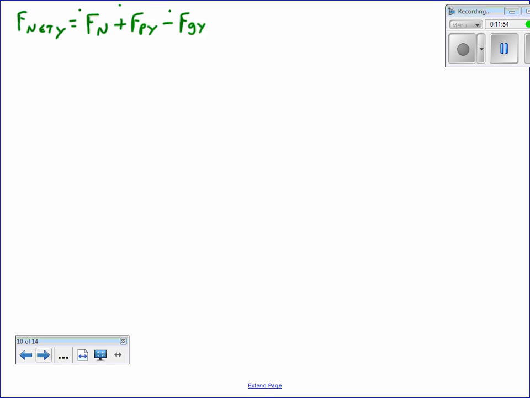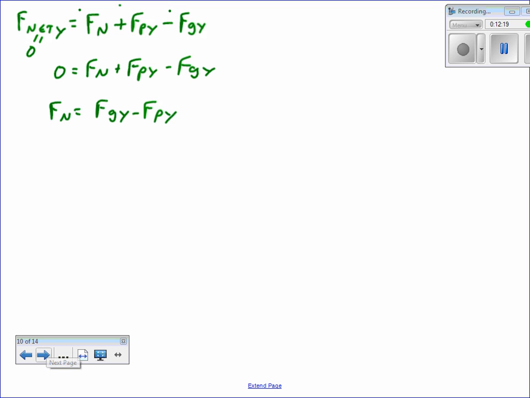Now what we also know is that F net y equals 0. So we really have 0 equals Fn plus Fpy minus Fgy. And if we rearrange this, we leave Fn on one side, and we get Fn equals Fgy minus Fpy.